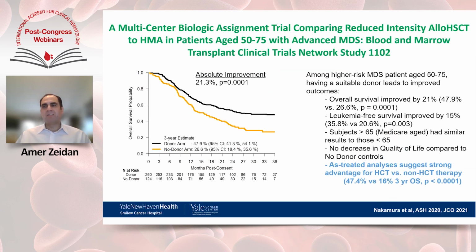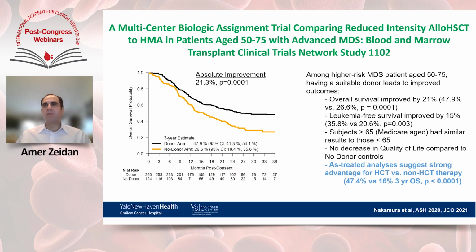This is a very important study published in the Journal of Clinical Oncology. There were 2 studies, one from Europe and one from the US. Both of them suggested that in biologic assignment trials, and this is the closest you can get to a randomized study in the transplant setting, up to the age of 75.